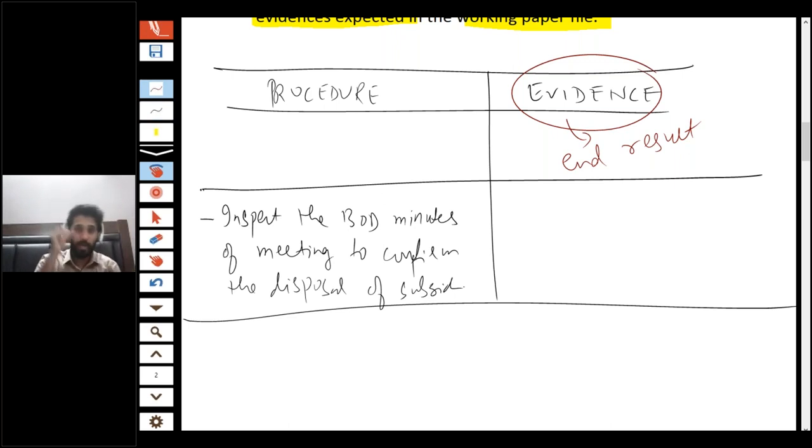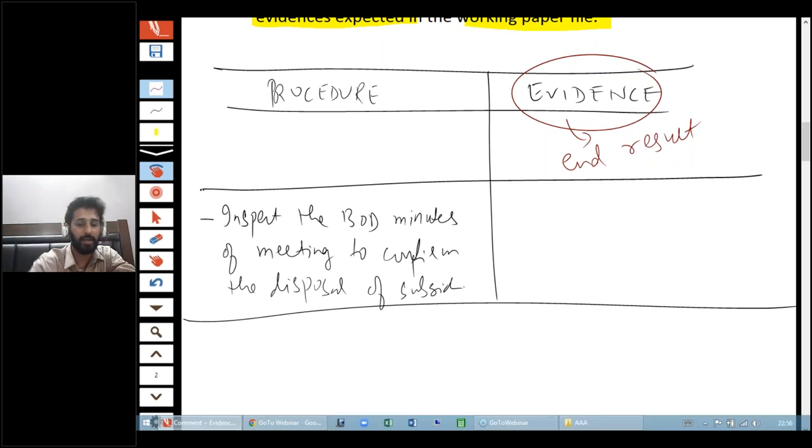What about the evidence? While writing the evidence, assume that I am your junior and you are at the upper level of the audit firm in the hierarchy. I have carried out this procedure.